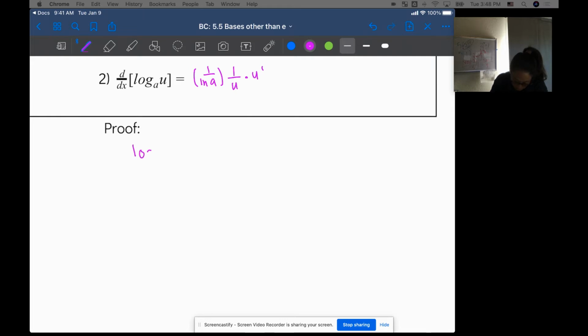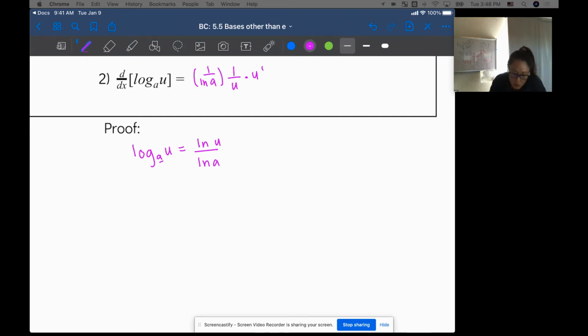Okay, so here's the proof for the log. We're going to start with the log base a of u. I remember from pre-calc that I can use change of base. So instead of log base a, I'm going to change this to the ln of u over the ln of a using change of base.